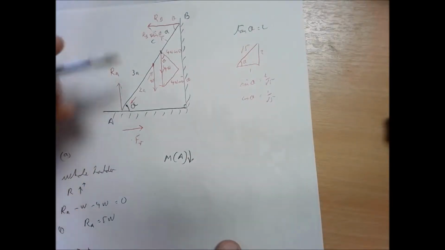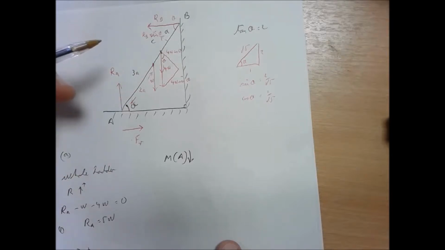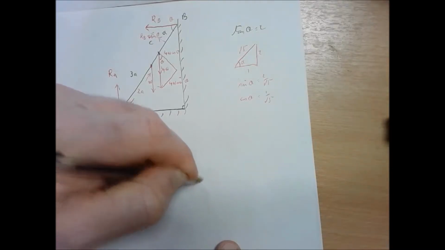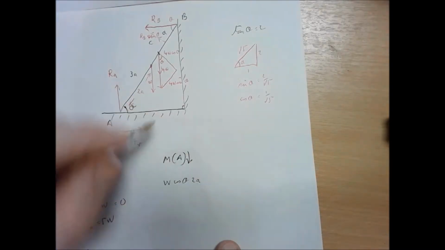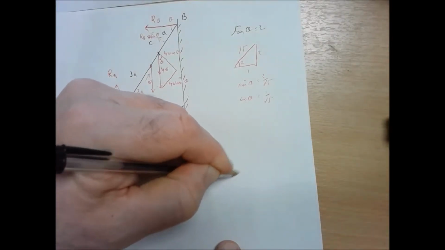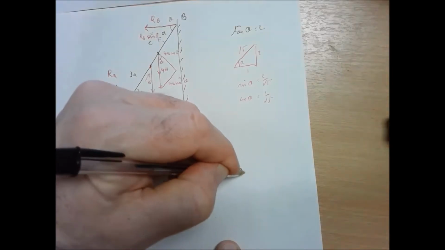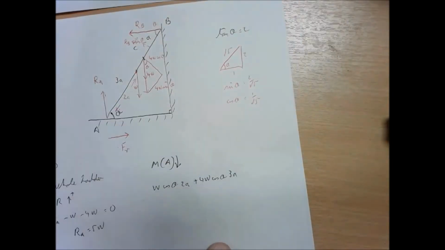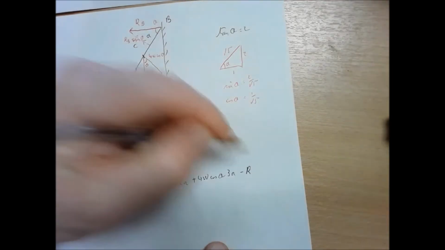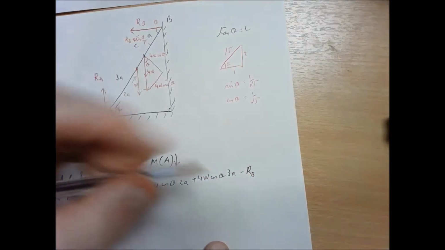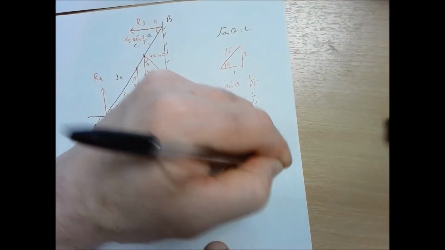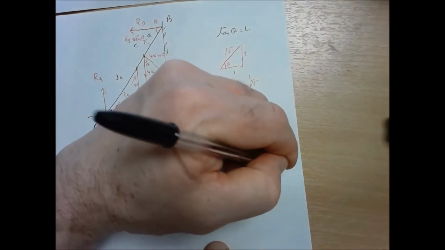So I have W cos theta times 2a. This is all positive because it's a clockwise moment, plus I've got 4W cos theta times 3a. And finally, I've got minus, there's no moment from friction, so I've finally got RB sine theta times 4a, and that lot's going to equal 0.